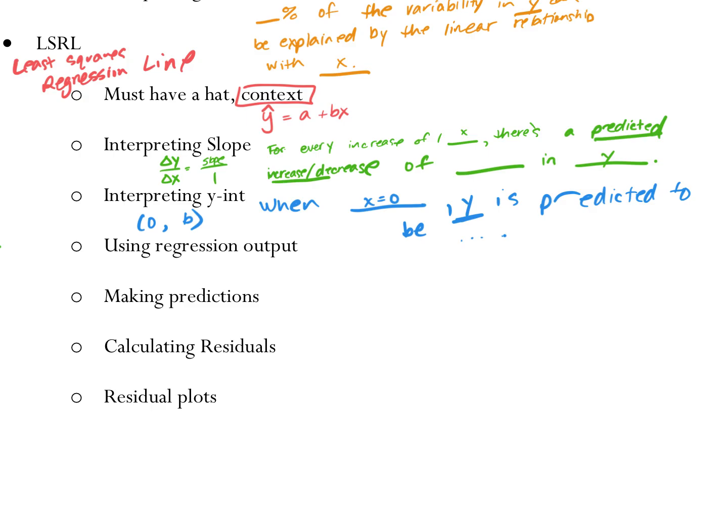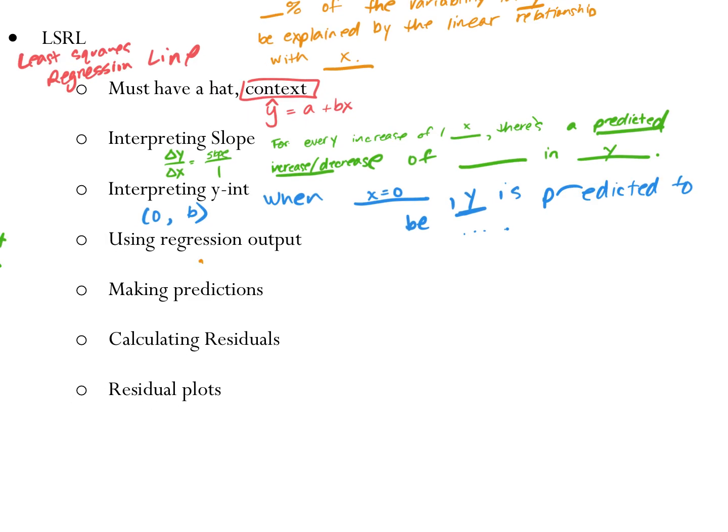All right. To get the line from a regression output, you're going to use the coefficients column. Your constant is your y-intercept. Your x variable is your slope.